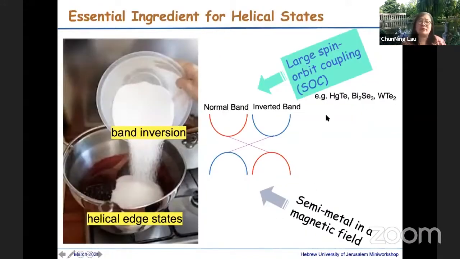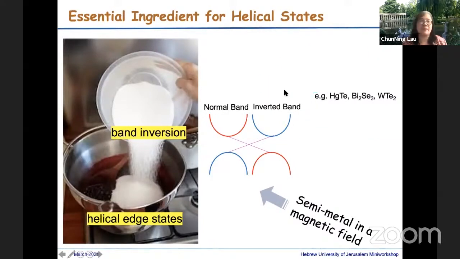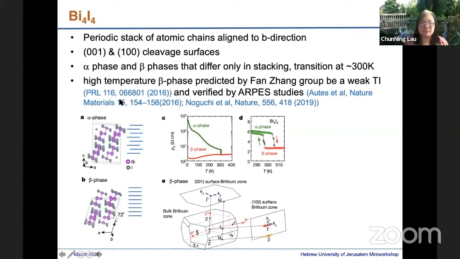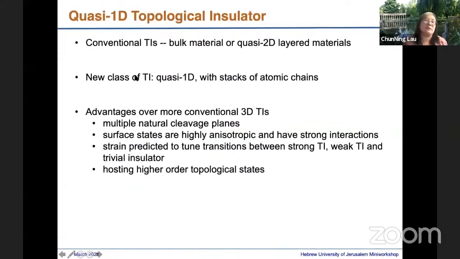In this case, we're going to have a band inversion due to the large spin-orbit coupling. Let me give a quick introduction to quasi-1D topological insulators.